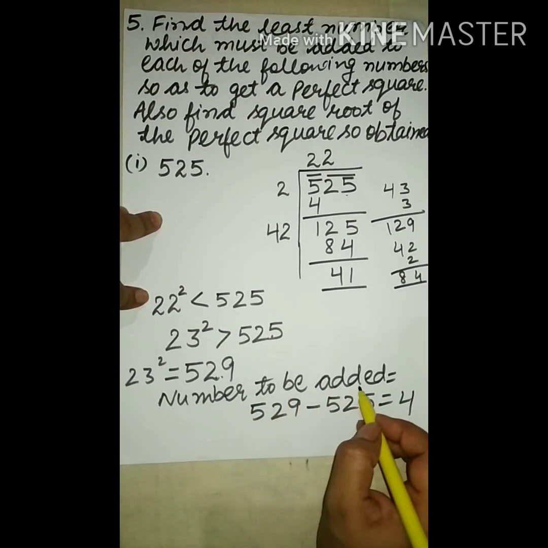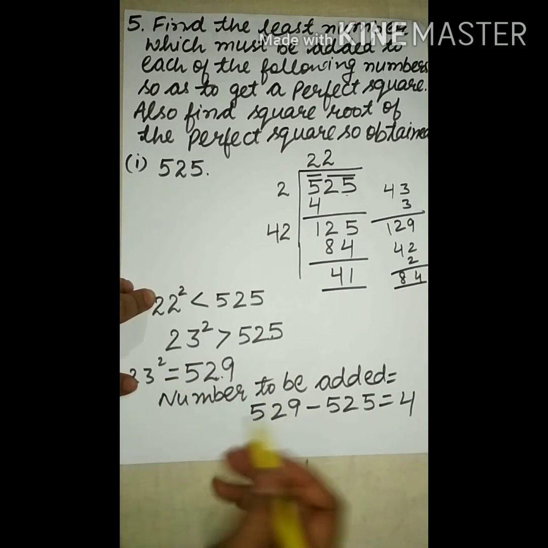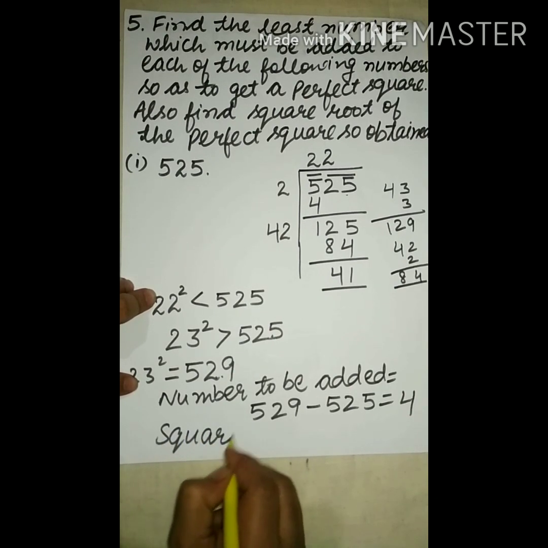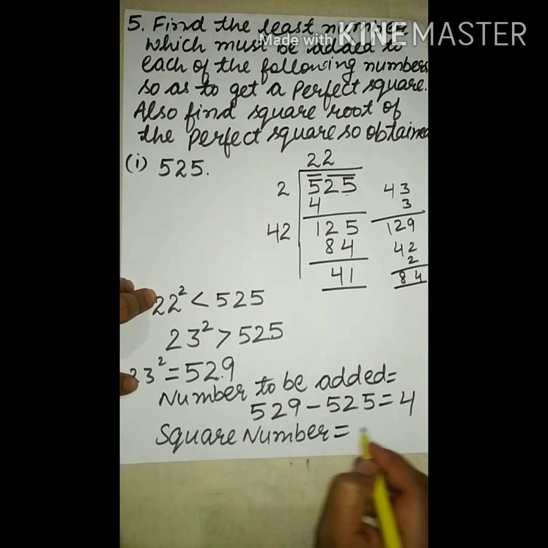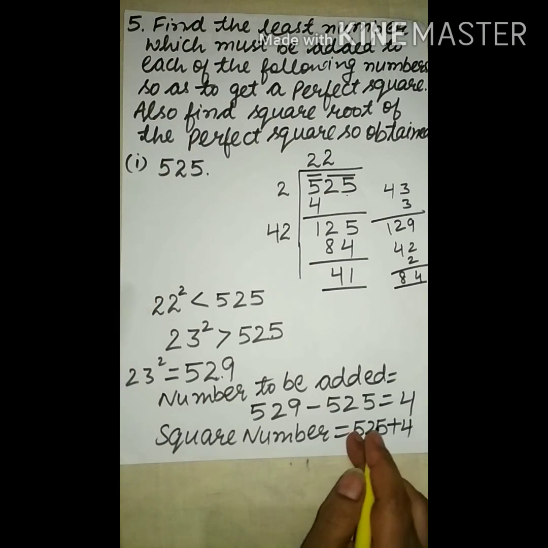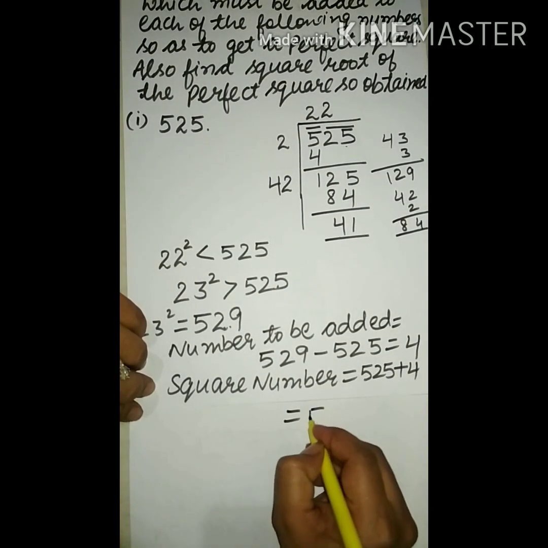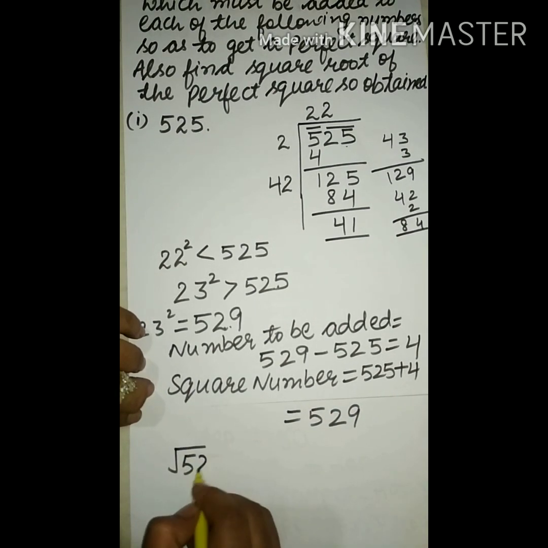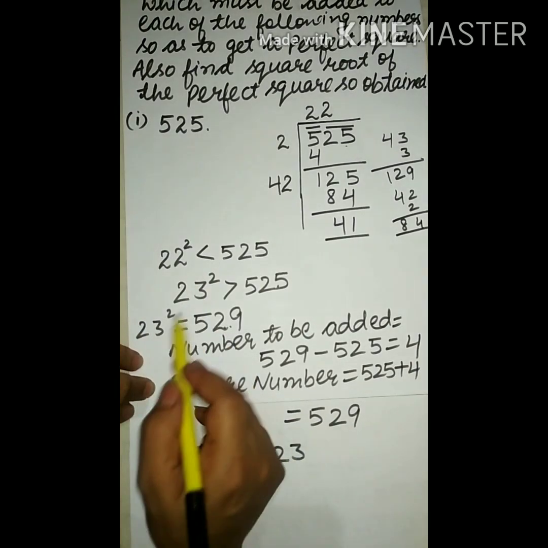It means the number to be added is equal to 4, and the square number, we know that it is 529. Square number will be 525 plus 4, which is equal to 529, and the square root of 529 is equal to 23 as we have done here already.